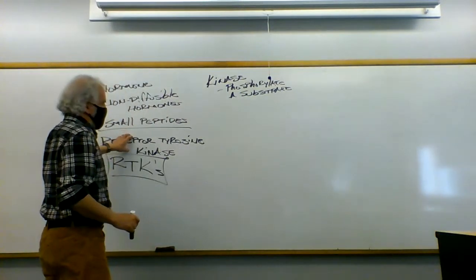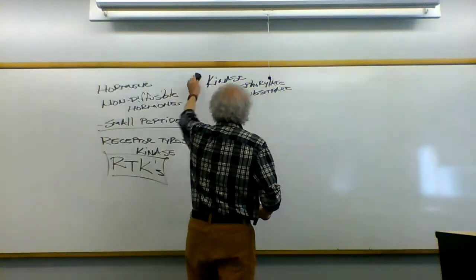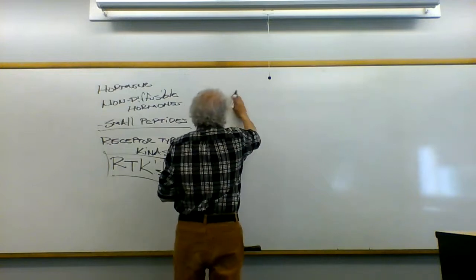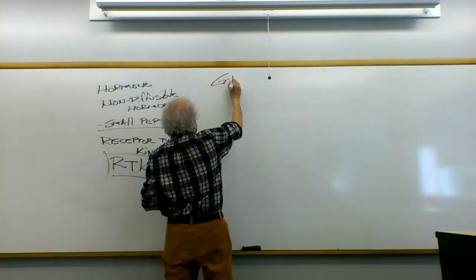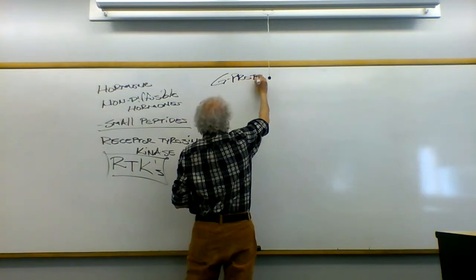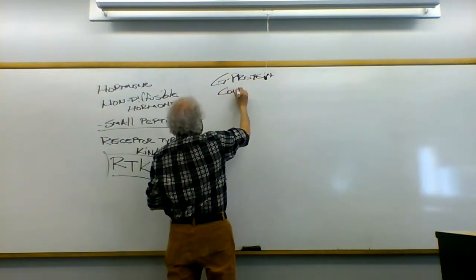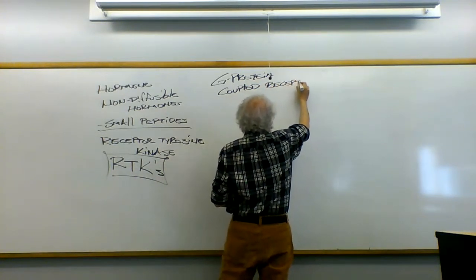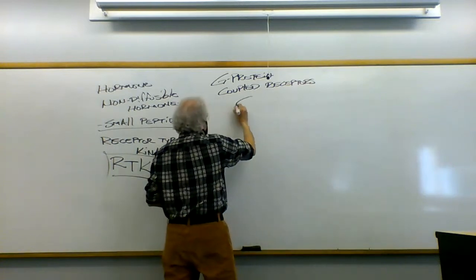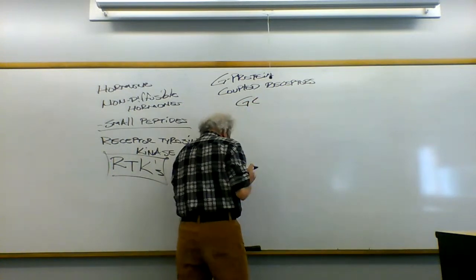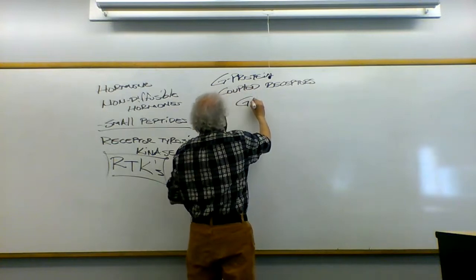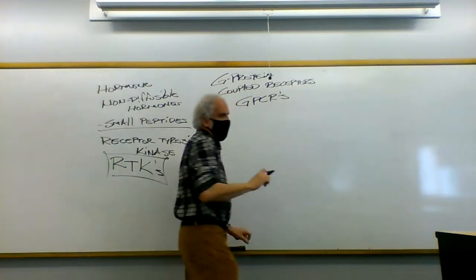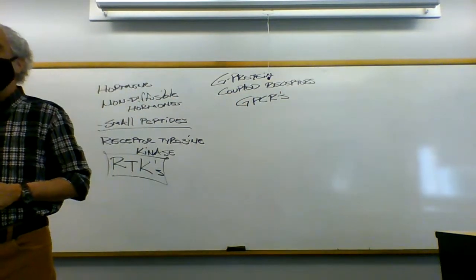So there were the receptor tyrosine kinases, and now we have a class of receptors that are known as G protein coupled receptors. And of course abbreviated as the old GPCRs.